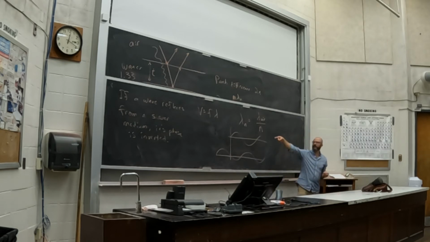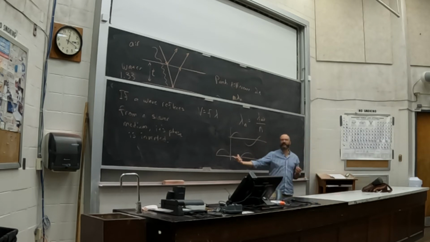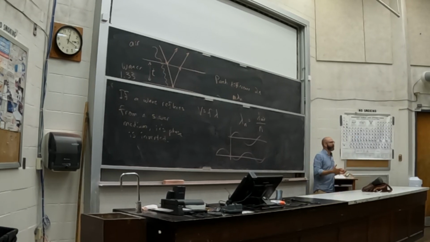So I have something generating these two waves. What sort of interference do I get here? Destructive, yes. So the path length difference here is a half integer multiple of the wavelength, which is what we've been saying. Half integer multiples lead to destructive interference.